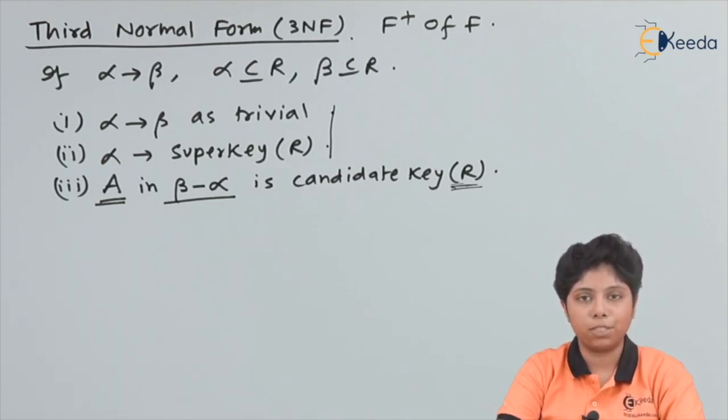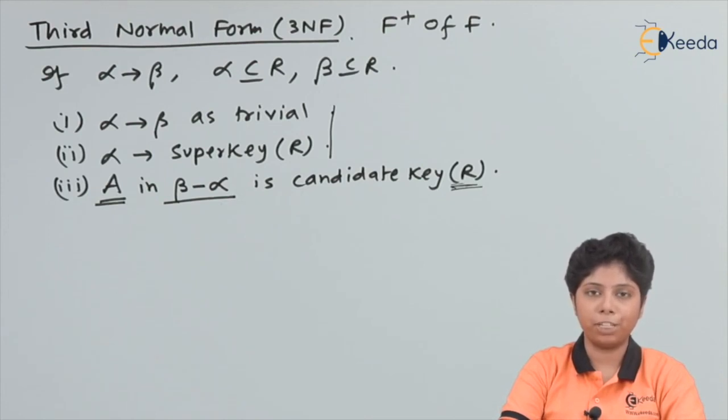The higher normal forms generally deal with the complex and multi-valued attributes. When we talk about multi-valued attributes, that means the attribute can range over a domain which has got multiple values. Say for instance, we are taking an example of a relation.